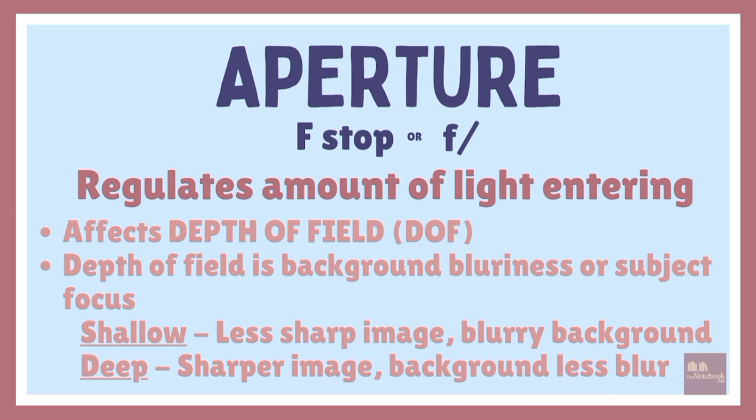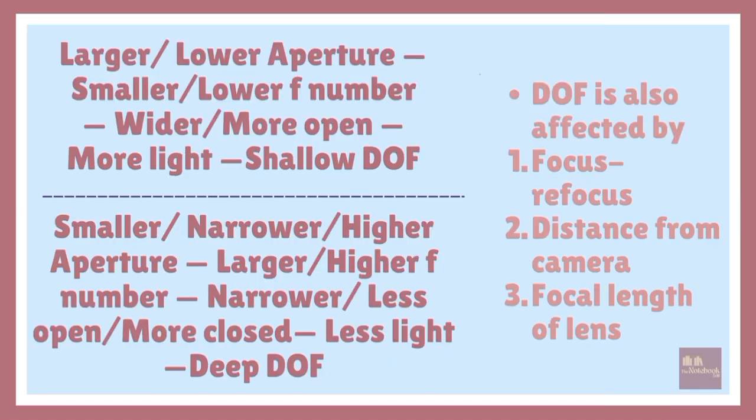Okay, so people get very confused in this, so I've written all the terms together. If you have a larger aperture, that means your aperture blades will be more open, they'll be wider, so more light will enter and a shallow depth of field will be created.